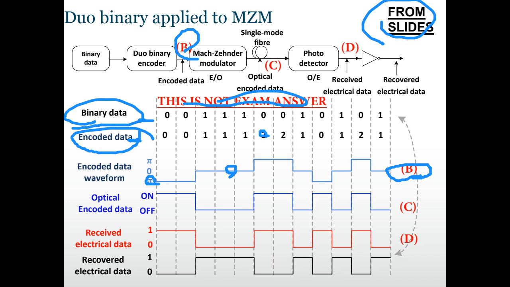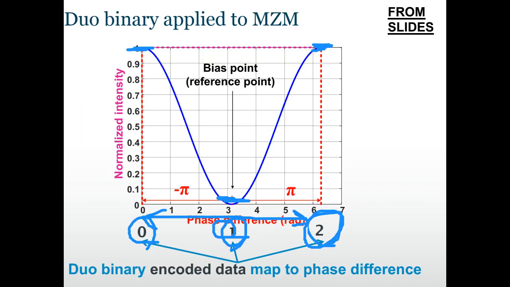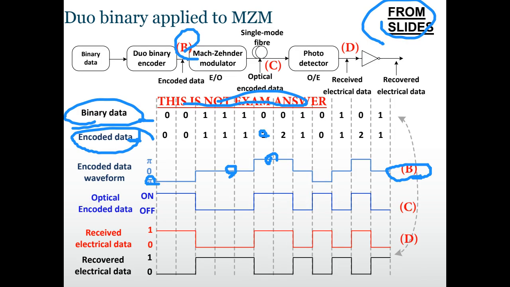And then based on this transfer function, -pi is on, 0 is off, pi is on. So we have the optical signal is on for -pi, off for 0, and then on for pi.